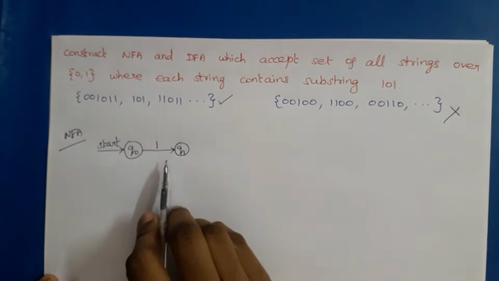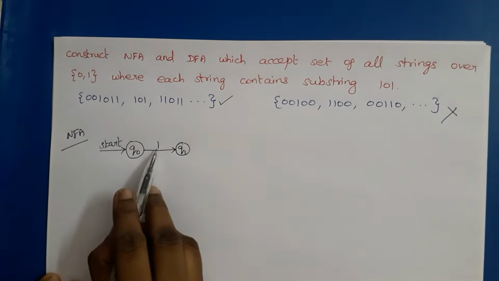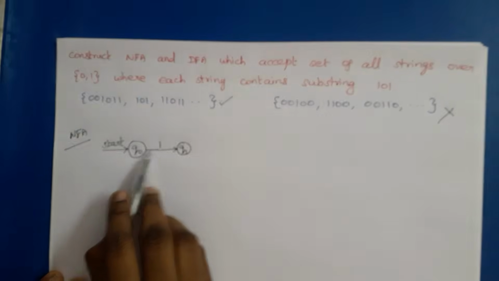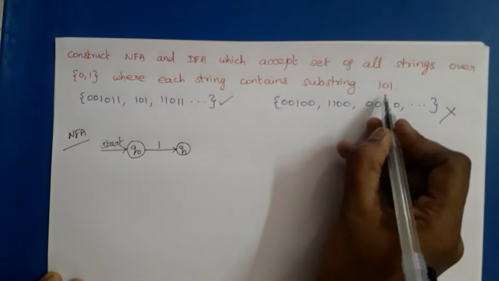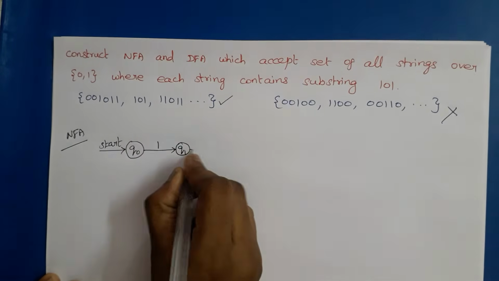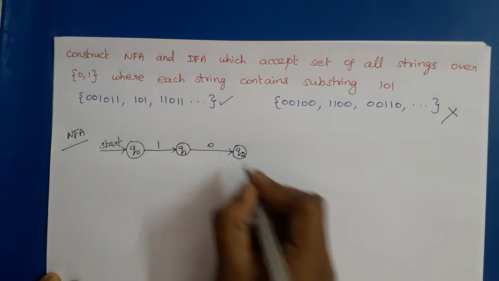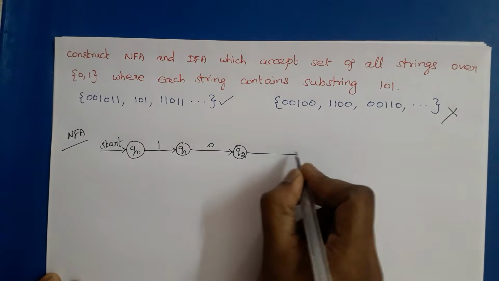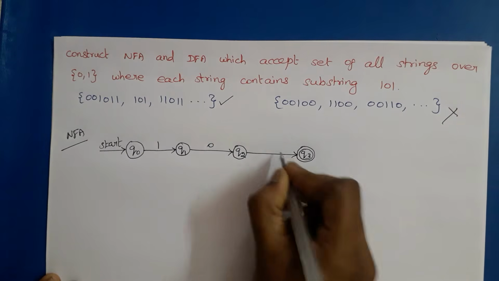For this type of problem, initially we can draw with the substring. If 1 is the input symbol, the state must change from Q0 to Q1. Then for the next input 0, it has to go to Q2. Then from Q2, if the input symbol is 1, it should go to the final state.